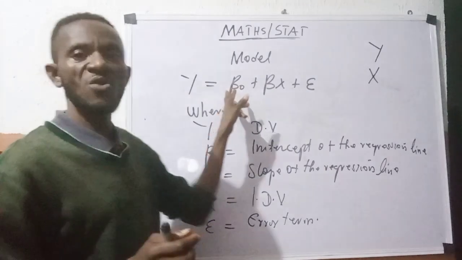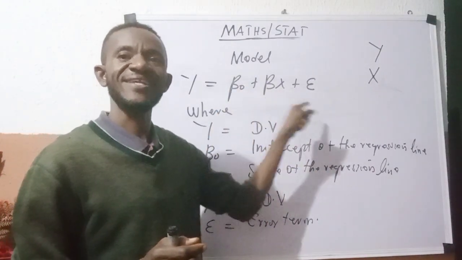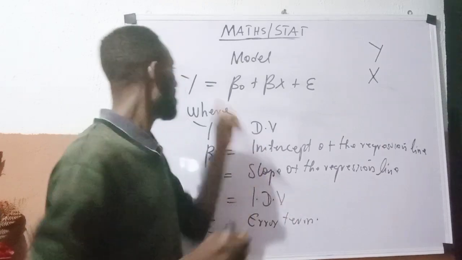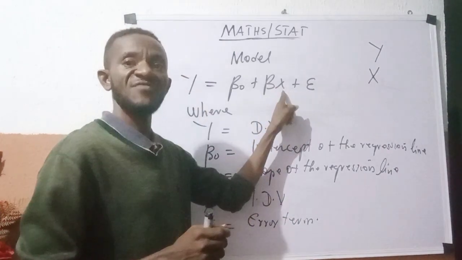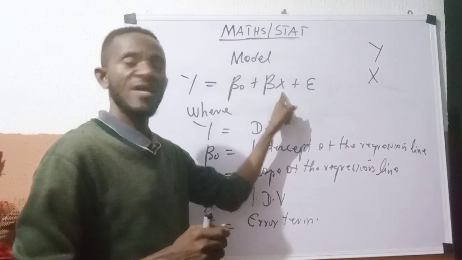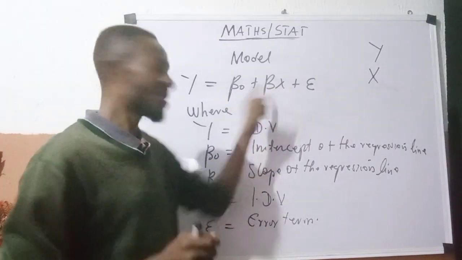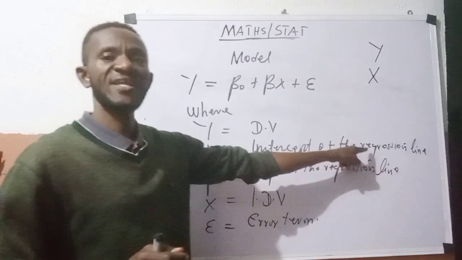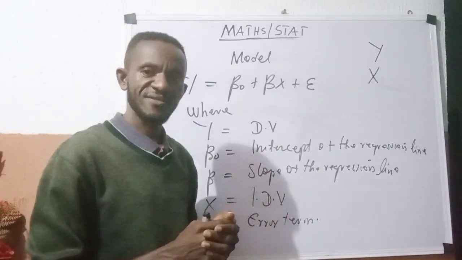So this is what we call the model for simple linear regression. Only one dependent variable, only one independent variable. And then this my beta 0 is described as the intercept of the regression line, and beta 1 the slope of the regression line.